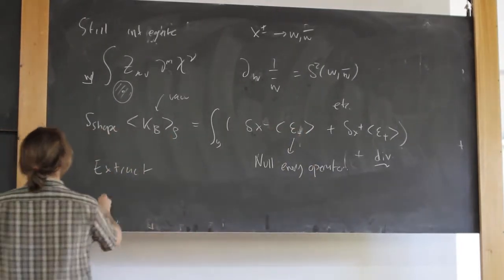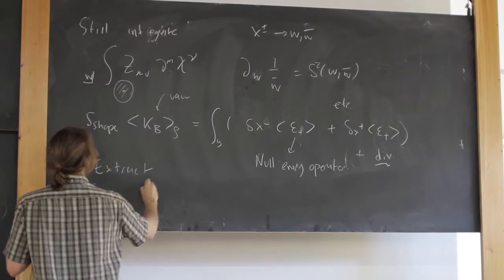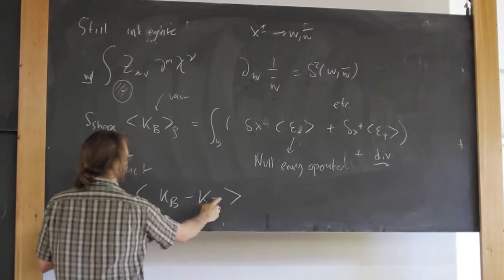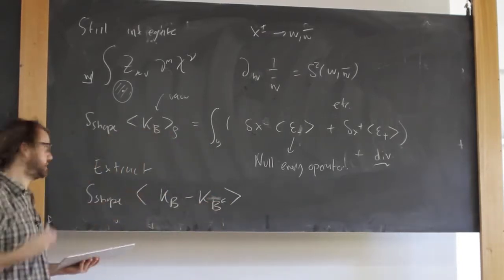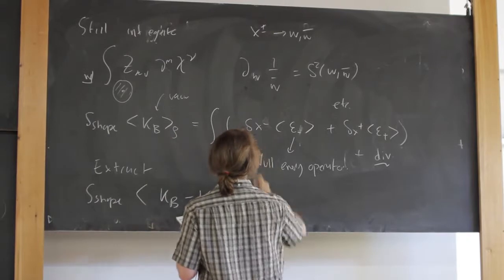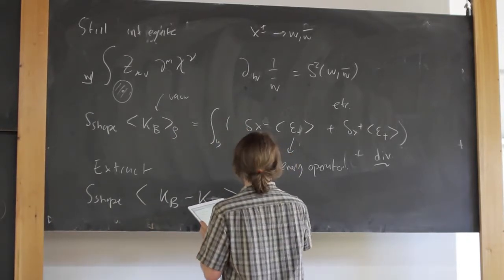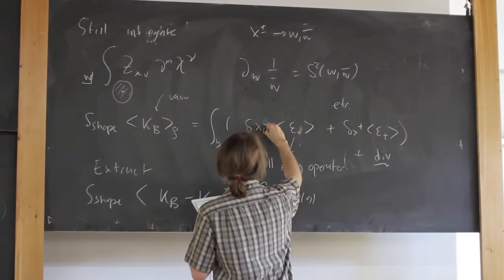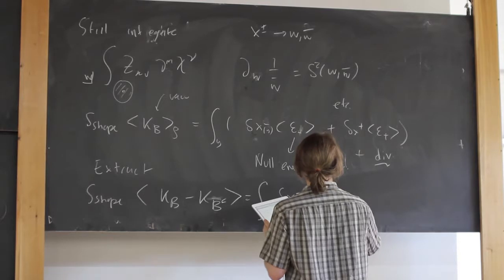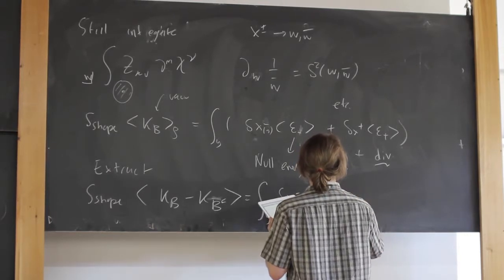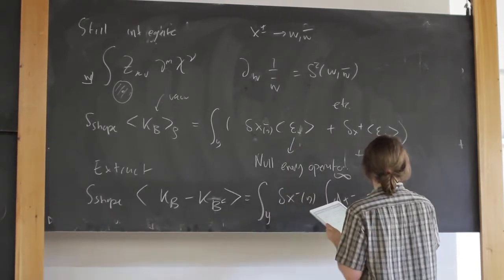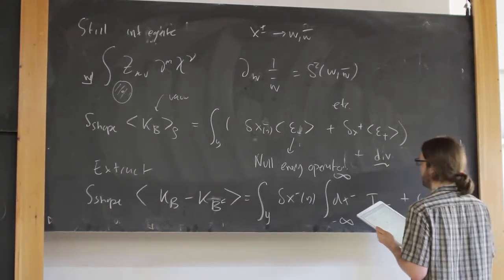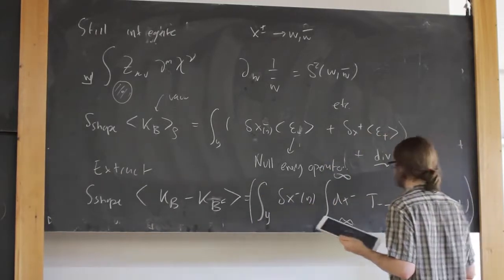However, you can show that when you compute the difference between this and the complement region, those divergences exactly cancel, and you're just left with this term, which then just becomes an integral over y, delta x minus y. Remember, these are functions of y, times this null energy operator, now extended from minus infinity to infinity, plus minus goes to plus. Okay, so this is the final answer.